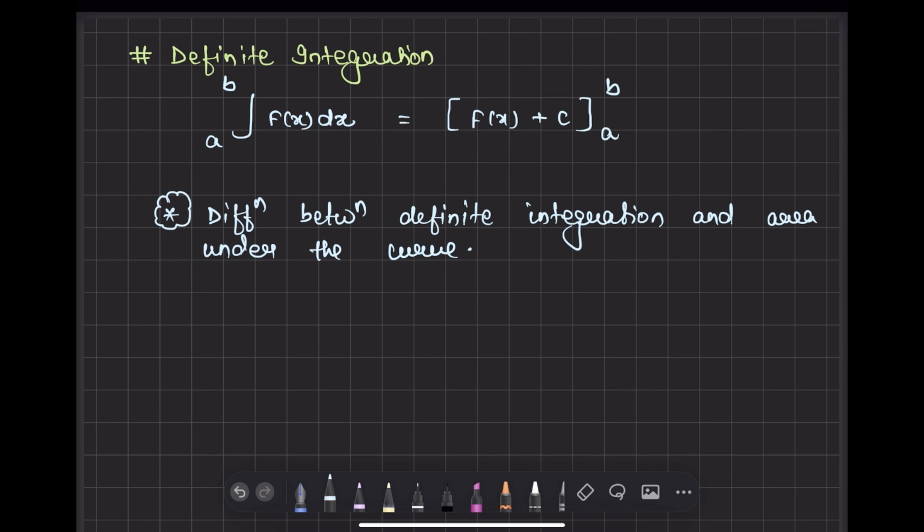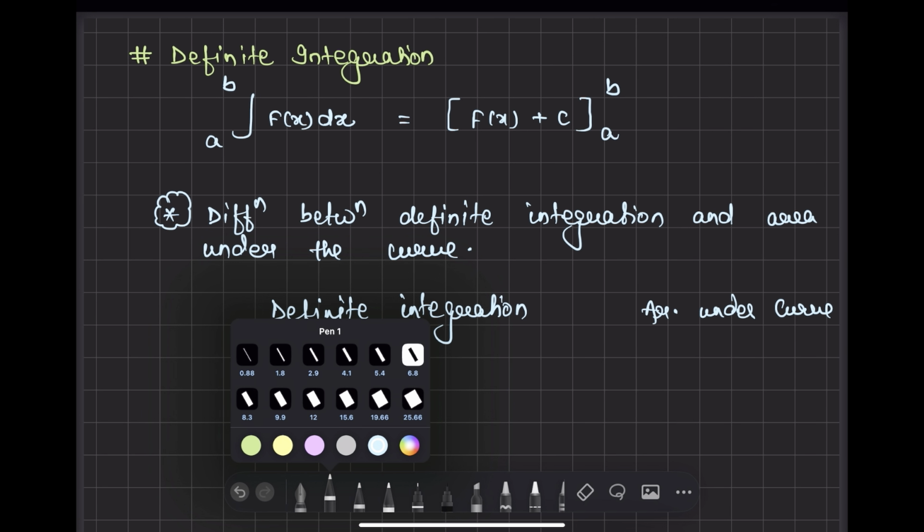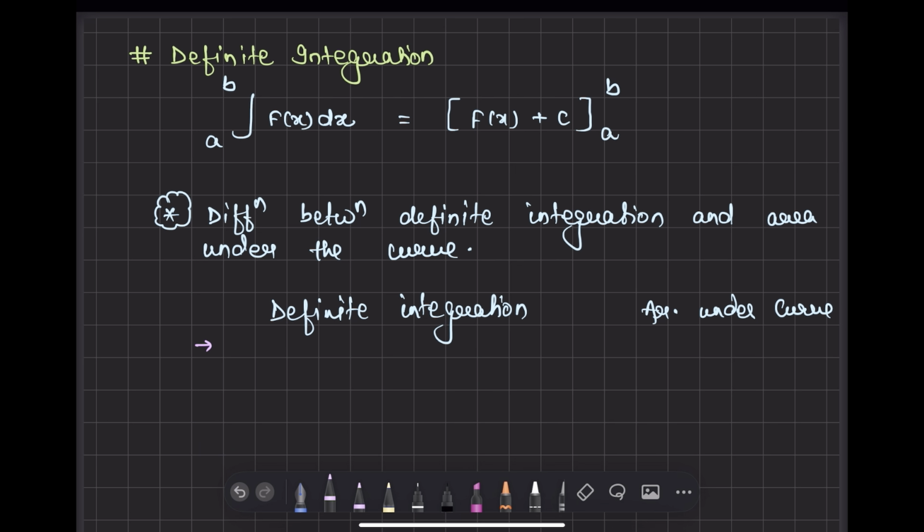Okay, now look at this. First try to understand definite integration, and this is area under curve. In definite integration, you will get the algebraic sum of areas.